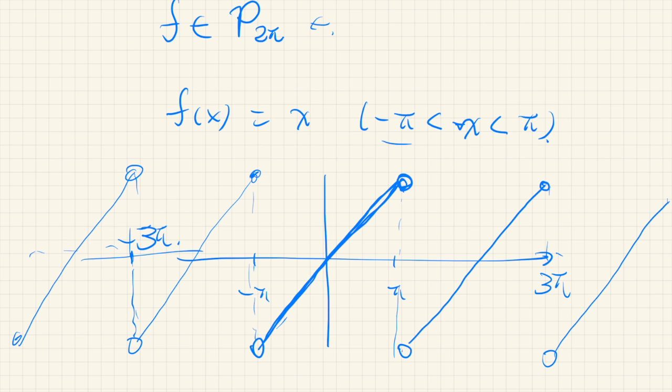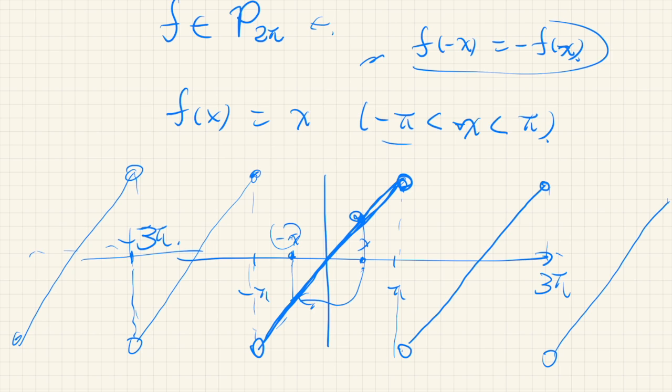And as you can see, this is an odd function. That means f of negative x is equal to negative f of x. Let's say some x is here, and take the negative value of this. So negative x, and the value of that is the negative of this value.